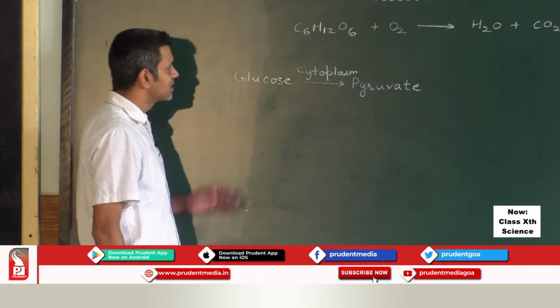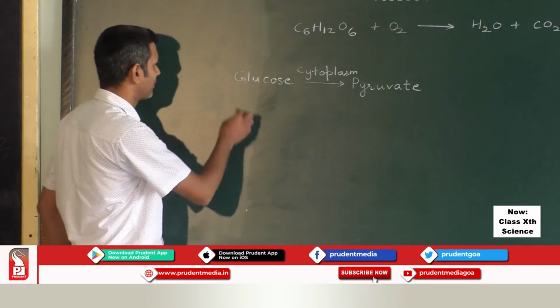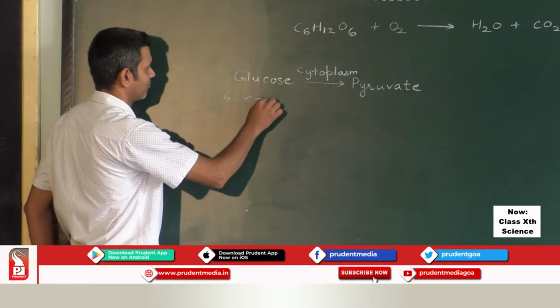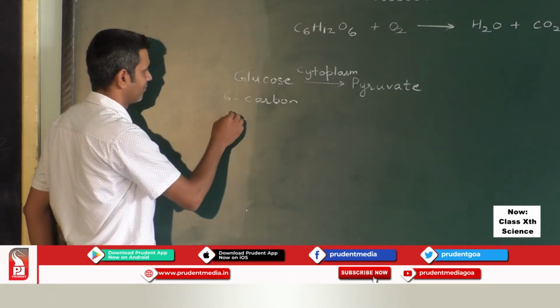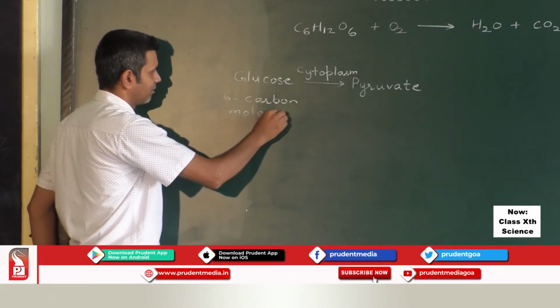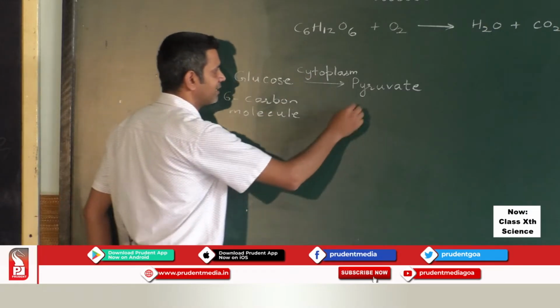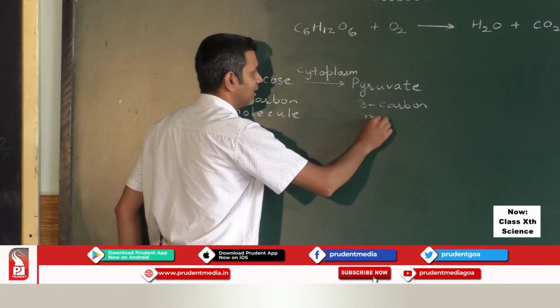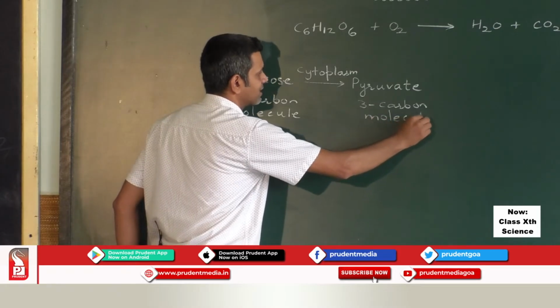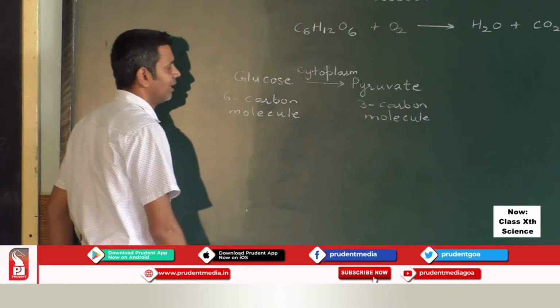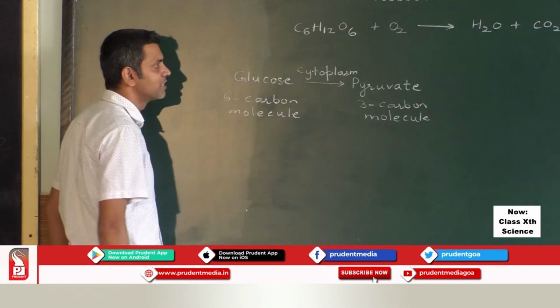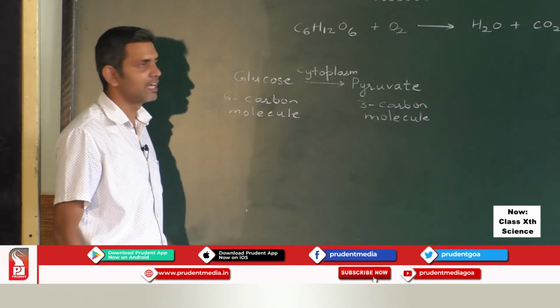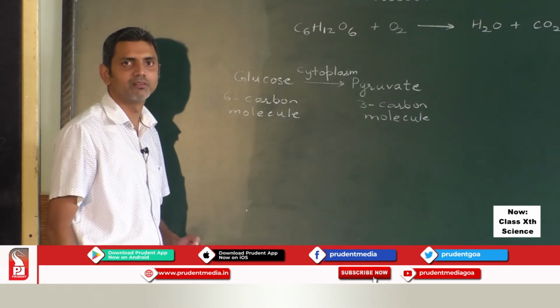Glucose is a 6-carbon molecule, whereas pyruvate is a 3-carbon molecule. 3 atoms of carbon are present in this compound. And this conversion of glucose into pyruvate takes place in the cytoplasm, which is one of the parts of the cell.